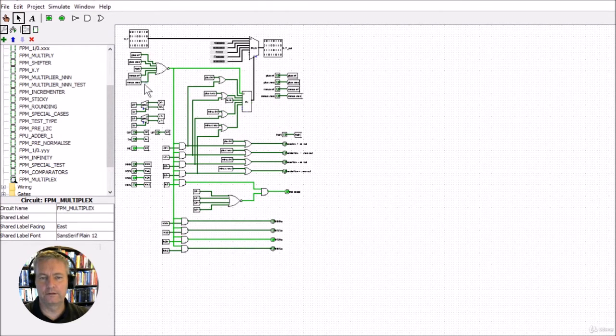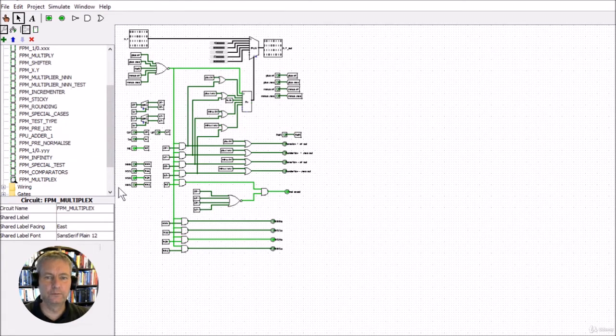But if all of these were to go low, which is what we have at the moment, then we would have no special value coming in. This would go high, and this is allowing this point here to now pass through to the output. So it was relatively straightforward. We've seen that before whenever we looked at this non-exact value and also these other ones here.